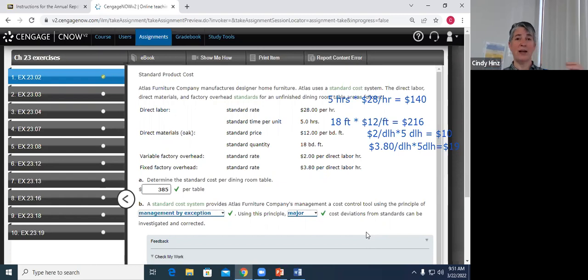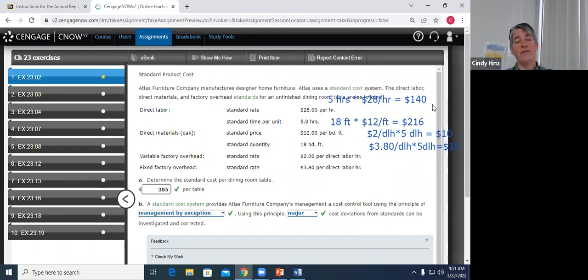It might be that our direct labor went over by $20, but our direct materials was under by $19. Over by 20 and under by 19. And so that cancels it out to give us only a $1 net variance, but we might be missing something. Why did the direct labor, which should have been only $140 in our standard, come in at $160?